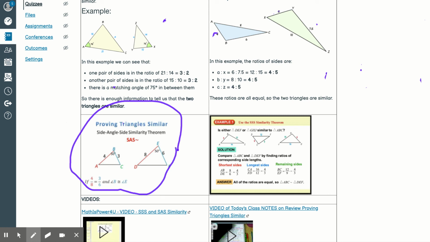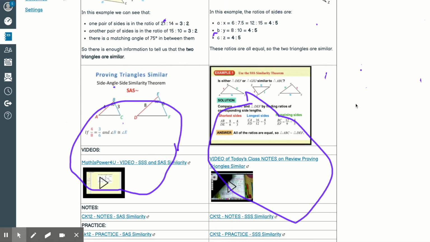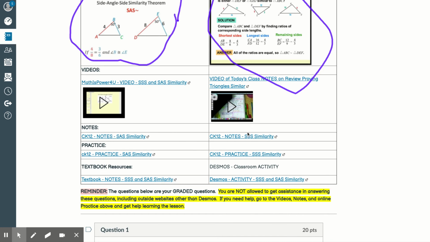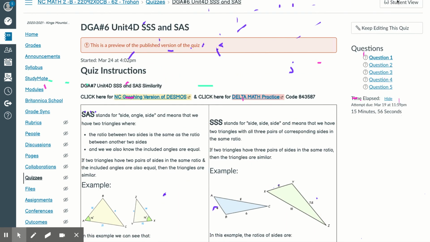So if you can't prove it from either angle, side, or side, then you would say, no, they are not similar. And that's all you're doing in this assignment. And then for future reference, you do have the notes and the practice on here to look at. I'm going to turn this off.